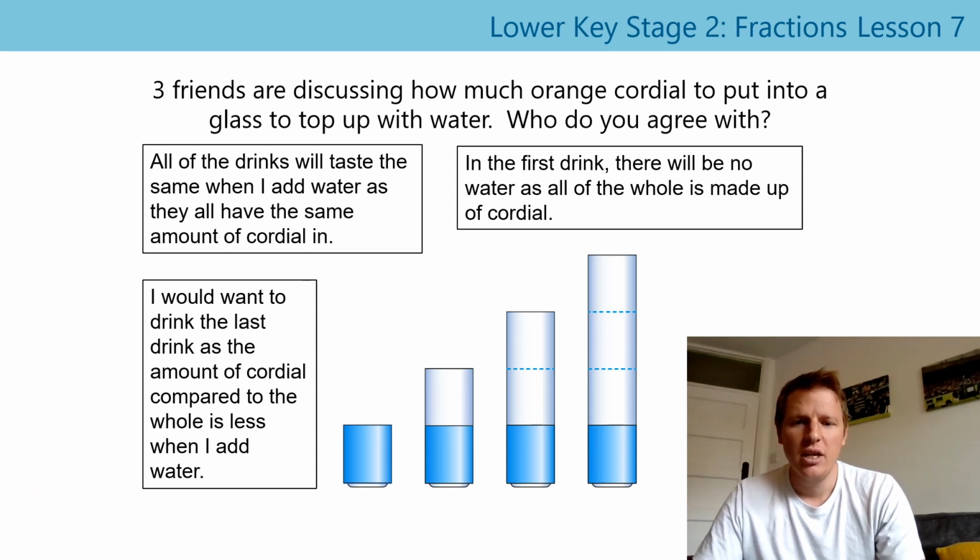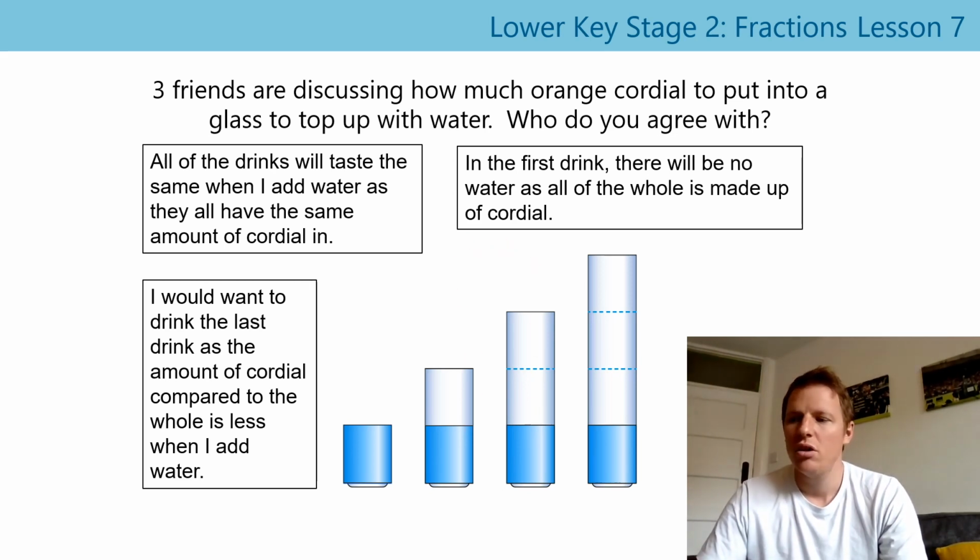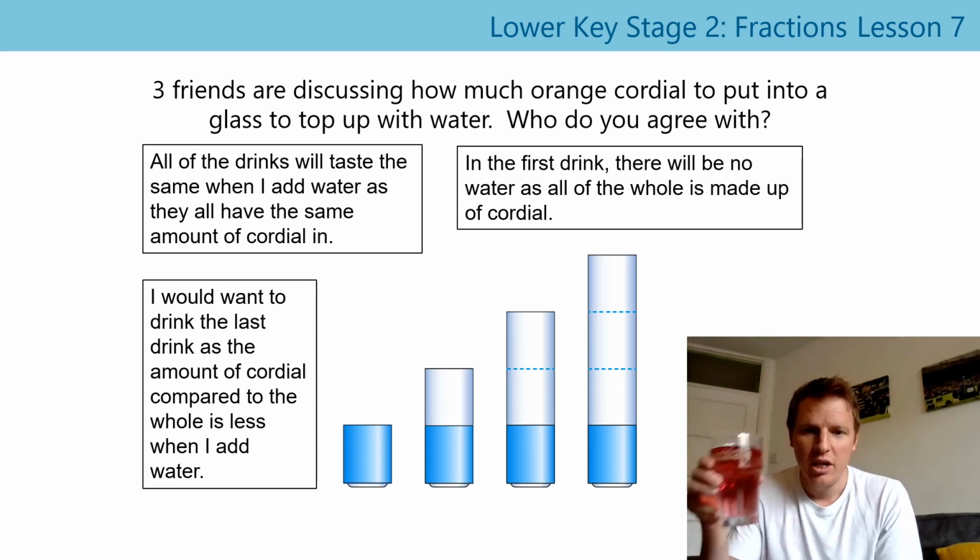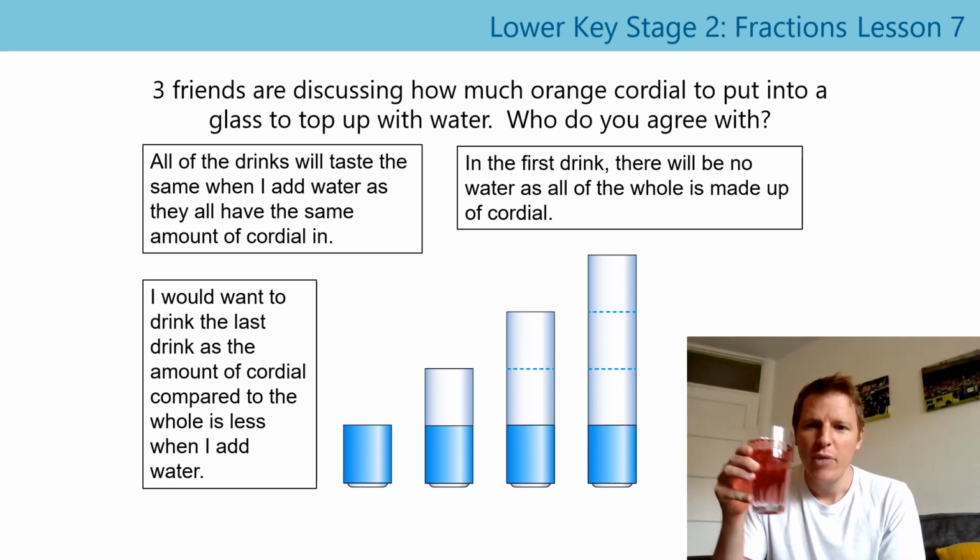So let's look at it. Here is the amount of cordial compared to the amount of water, the smallest in this example. Yep, I agree with them. There is one part that is cordial, but there are three parts that are water, so it is smaller in relation to the whole, or for my drink, it is weaker and much nicer.